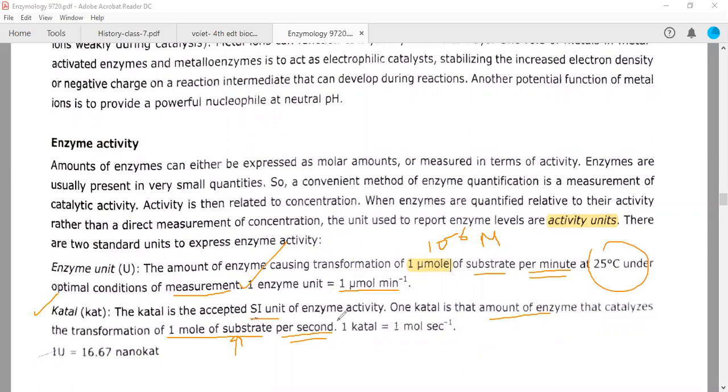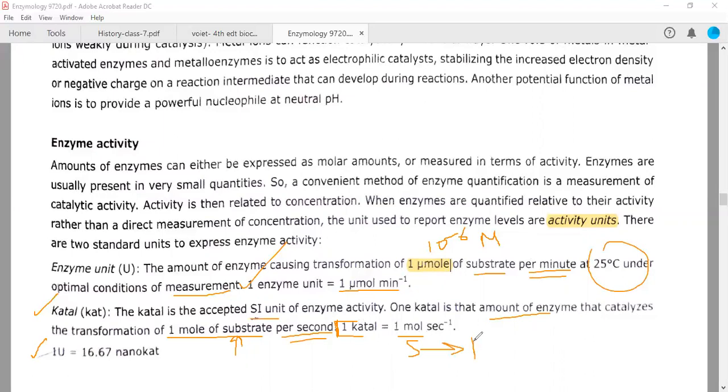So obviously, if someone asks you some simple relation between a katal and a unit, so the 1 unit is equal to 16.67 nano katal, which is actually derived from here and here. So 1 katal is 1 mole per second. So 1 mole of the substrate converted into the product in 1 second actually.